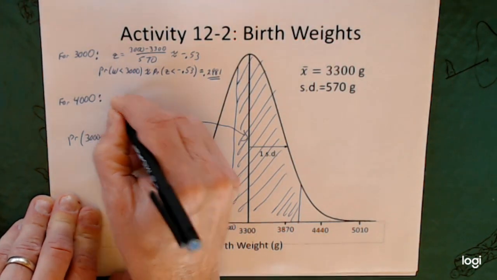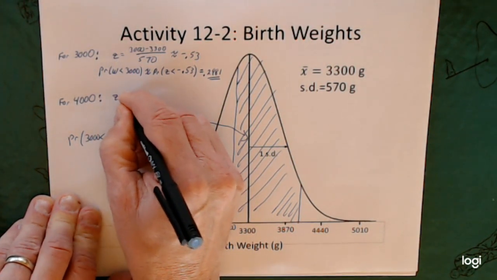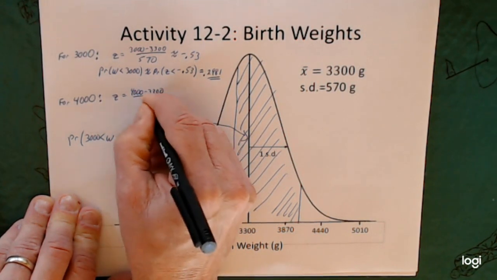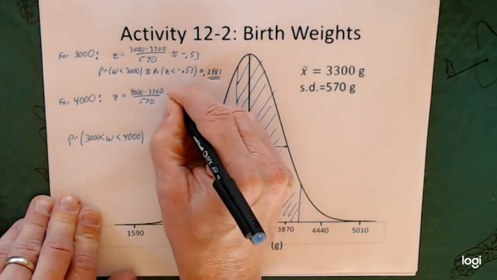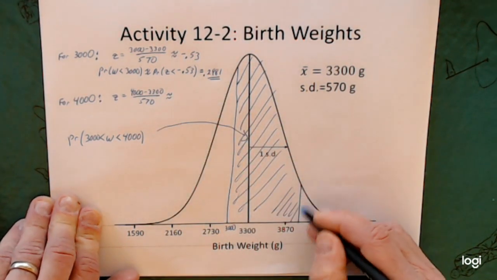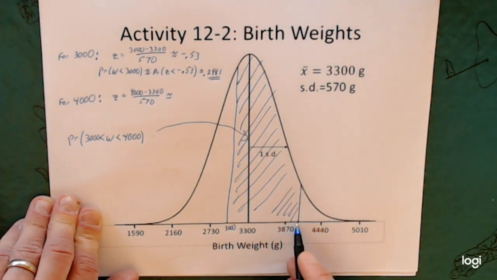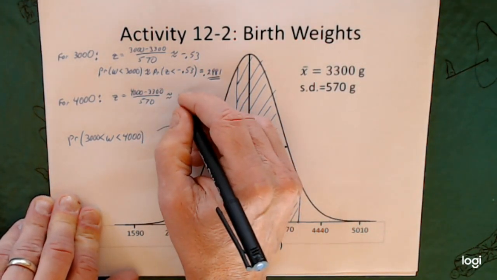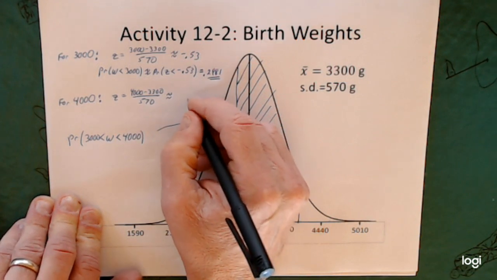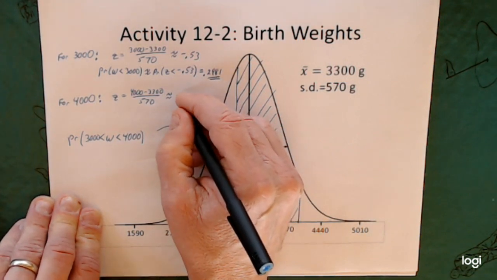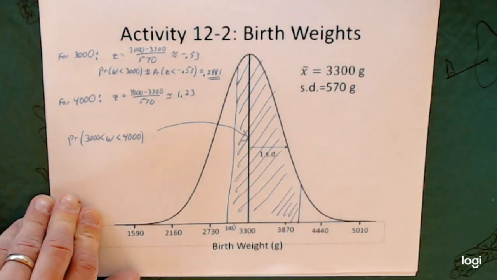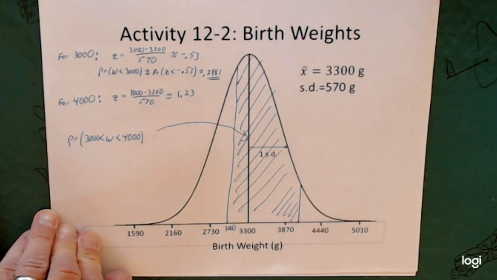All right. For 4,000, z-score is 4,000 minus 3,300 over 570. An observation of 4,000 is more than a standard deviation above the mean. How far above the mean? Well, figure it out. 4,000 minus 3,300 is 700 over 570. That comes out to be about 1.23 standard deviations above the mean, again rounded at the 100th point.